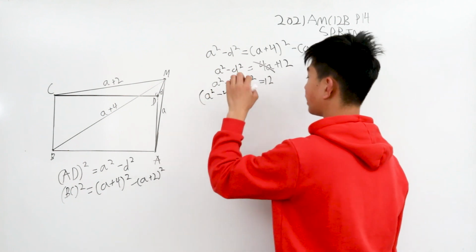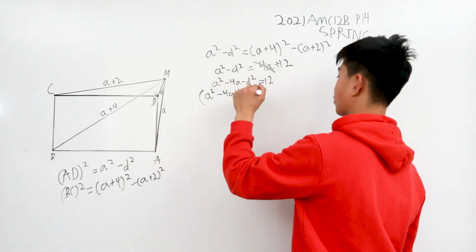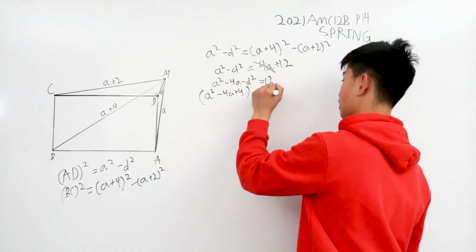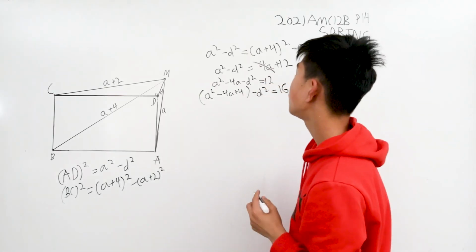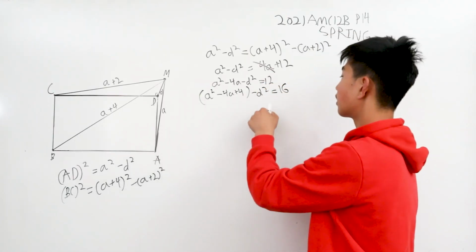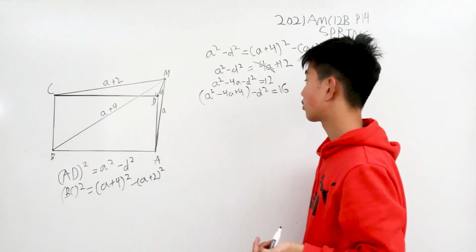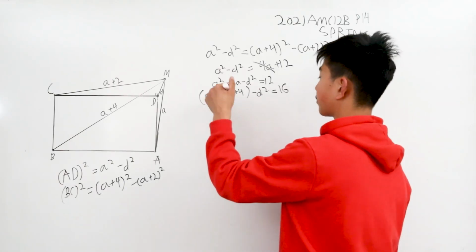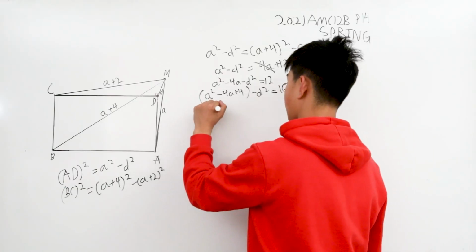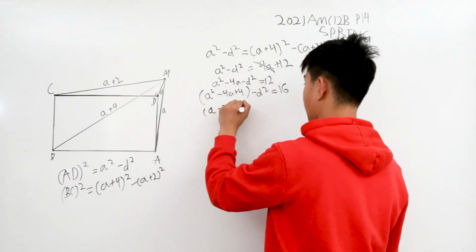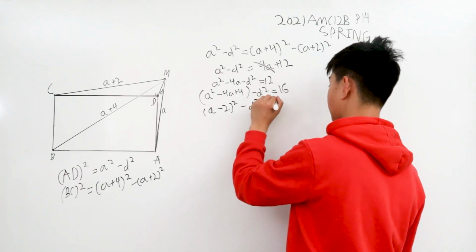This is how we complete the square for the A, and we want to do this so that we can later incorporate the minus d squared in a difference of squares equation. So this becomes A minus 2 squared minus d squared is 16.